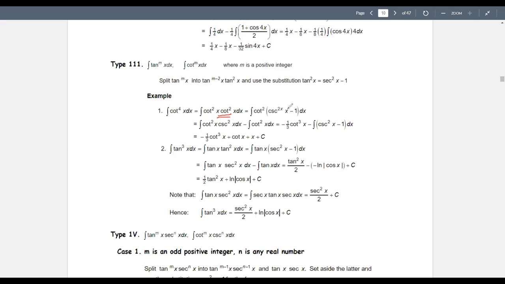We have this identity that cotangent squared x plus 1 is equal to cosecant squared x. Now, we use that identity in here. The very purpose is that we can make the cosecant squared. By the way, class, there's no x here. There's a typo here. Let me just change this one.